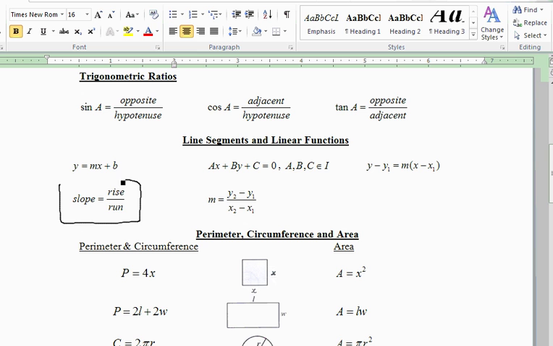Slope equals rise over run, and m is equal to y2 minus y1 over x2 minus x1. So that's the first set of formulas we're going to work with. We're going to work with all of these formulas this unit, and so you will need your formula sheet if you don't have them memorized. Okay, so there you go. So you don't have to memorize the slope formula, you can actually just have it on your formula sheet.